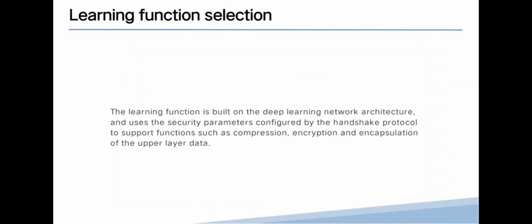The learning function is built on the deep learning network architecture and uses the security parameters configured by the handshake protocol to support functions such as compression, encryption, and encapsulation of the upper layer data.